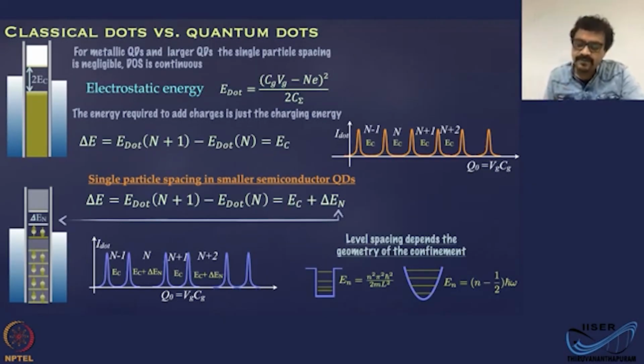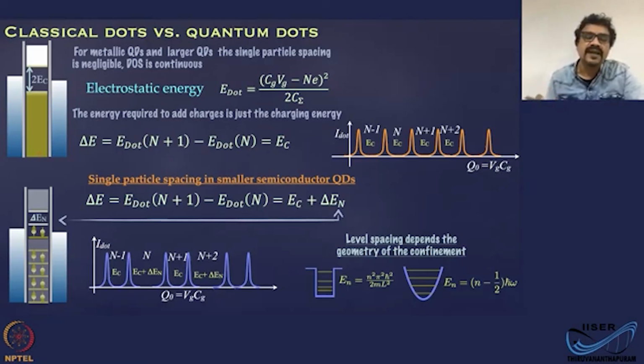As we just mentioned, we considered only classical dots so far, or the classical electrostatics and its effect on the transport properties. The context was the dots were metallic or large quantum dots where the single particle level spacing is negligible and the density of states inside the dot is continuous.